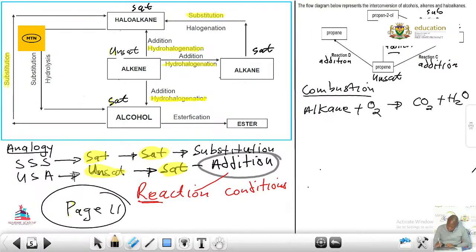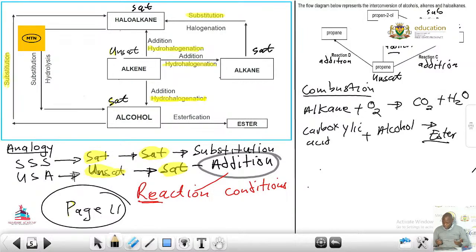Then we have an ester. This is a reaction now between a carboxylic acid plus an alcohol. So it gives us now an ester. Just know the properties of an ester, just know which one it is, an ester, and also we have H2O that is going to be formed.